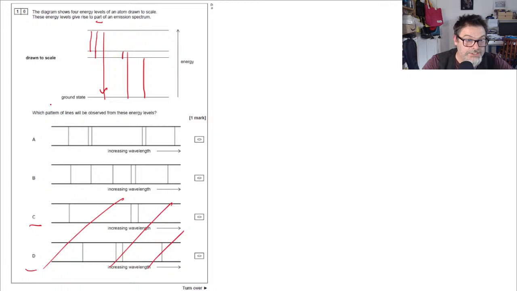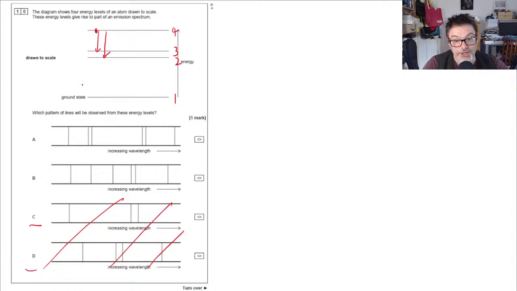Well, the way to identify this, I'm just going to rub my lines out quickly. The way to identify this is to consider the effect of these two that are close together. So if we start at the top here, let's number these 1, 2, 3 and 4. We're going to have an electron that drops from 4 to 3 and also another one that drops from 4 to 2. And there's only going to be a small amount of energy difference between those two.